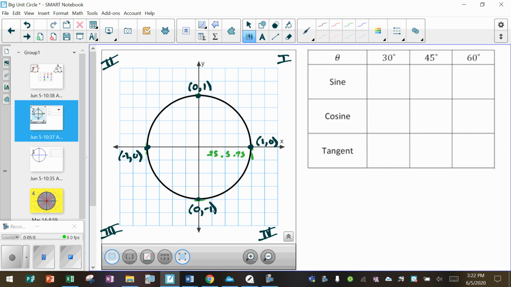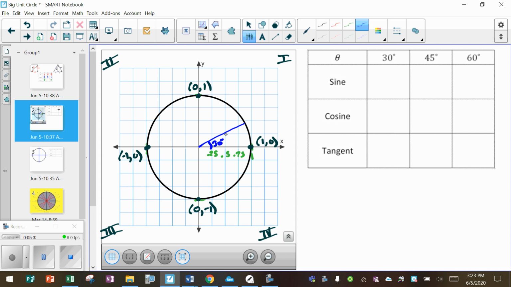The angles of 30 degrees, 45 degrees, and 60 degrees use our exact values to help us figure out the coordinates of the point on the unit circle. So, for example, if I estimate a 30-degree angle, something like that, the angle is always measured from the x-axis.